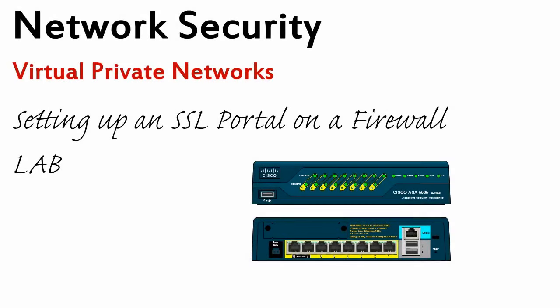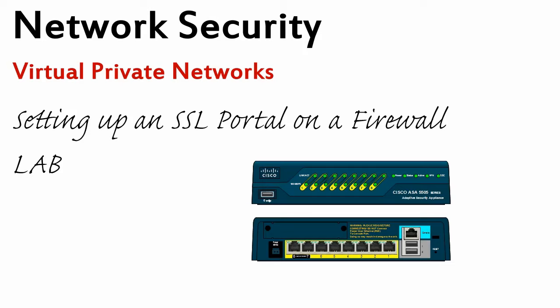Network security, virtual private networks, setting up an SSL VPN portal on a firewall. I am going to use a Cisco ASA 5505 firewall and show you how to enable an SSL VPN on it. It will be a full lab.